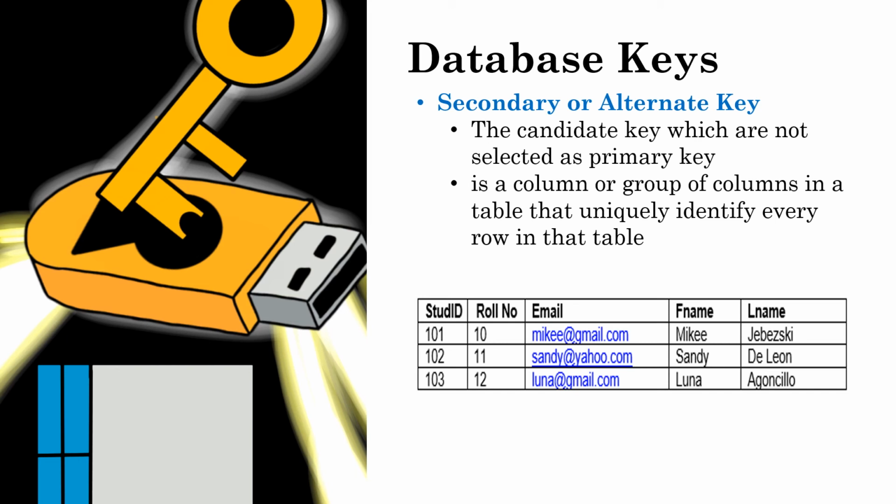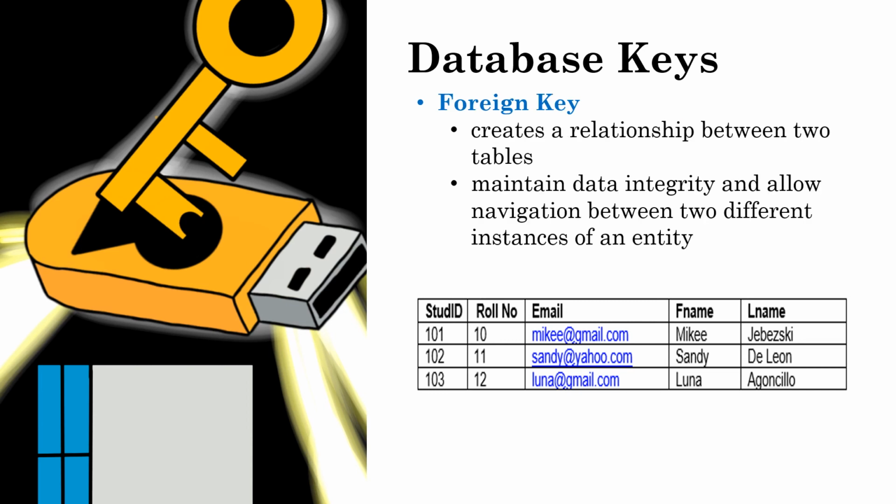In this example, we can identify that the student ID is the primary key, though there is a roll number or an email here that can be considered as uniquely identifying every row in a given table, they are just considered as an alternate key or the secondary key.